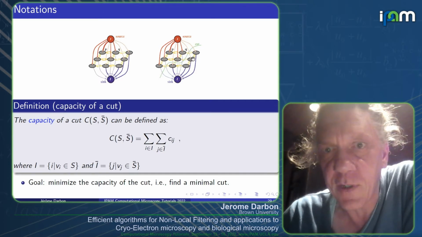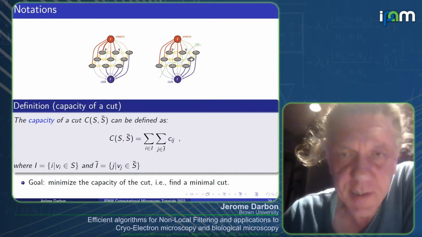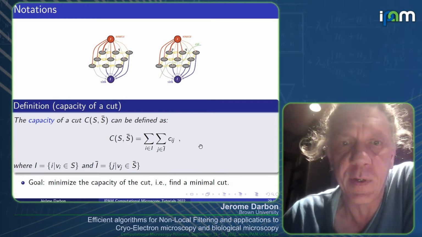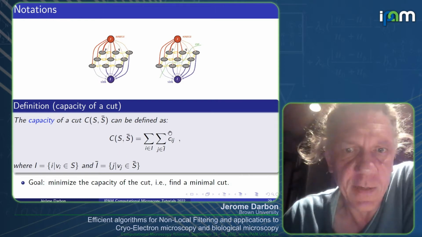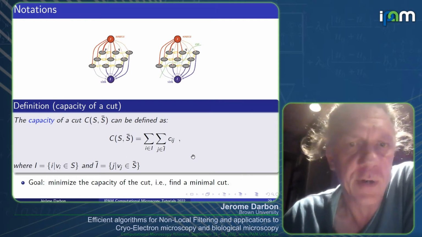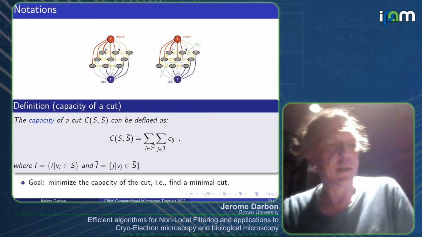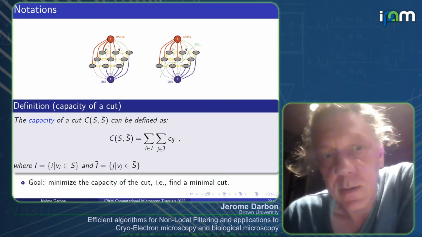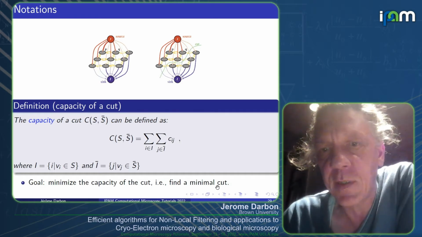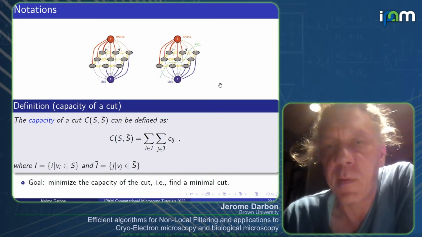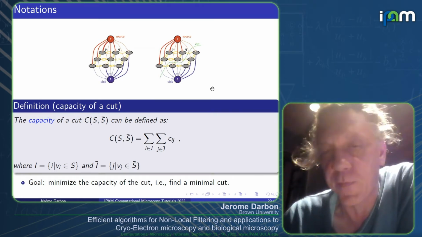If I have such an edge with a cost Cij, I count it in the capacity. And so this is a quantity that is defined for every cut in a graph, and that is called the capacity of the cut. Now, the idea is, can we minimize the capacity of a cut in a graph? And this problem is called a minimal cut in a graph.